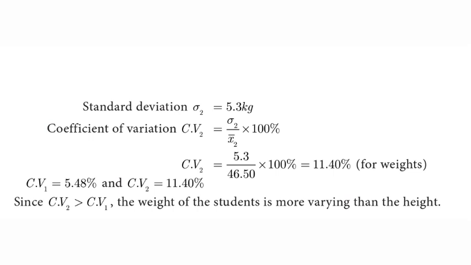Now find the coefficient of variation of the second data. CV2 equals sigma 2 divided by x2 bar into 100.